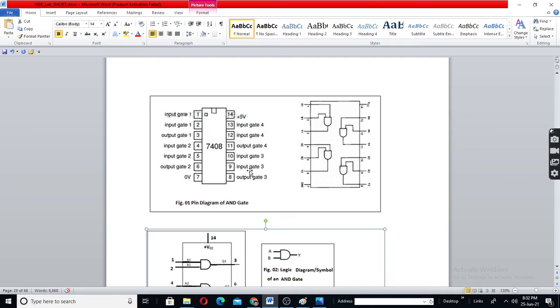So 12 plus 2 is 14. So this is a 14 pin IC. Power is given between pin number 7 and 14. So you have here ground or 0 volt and here 14 or plus 5 volt.